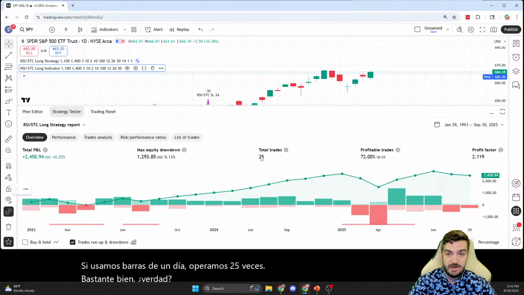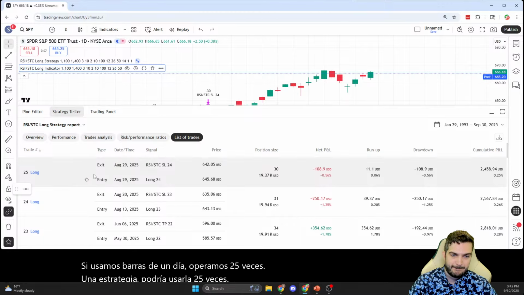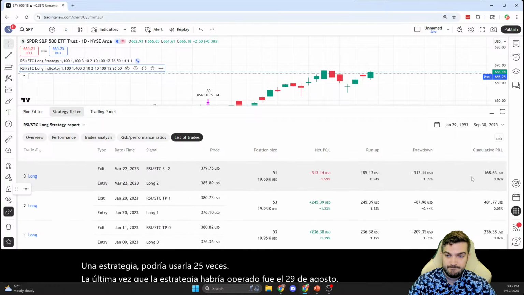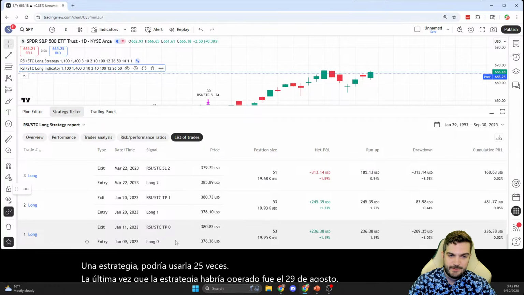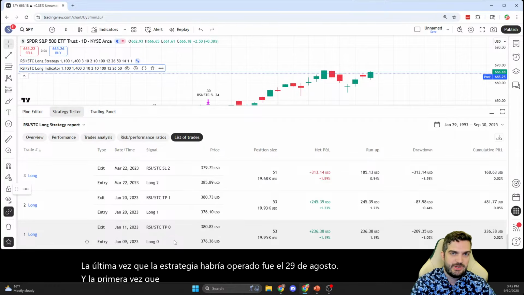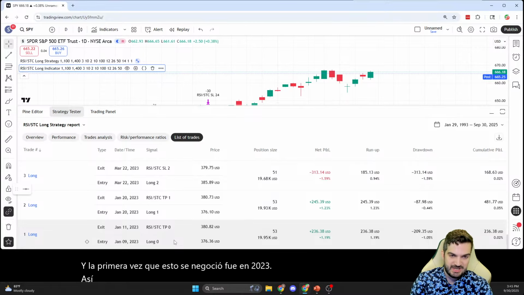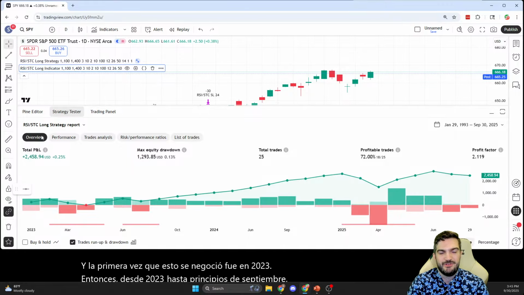One strategy, I could use it 25 times. The problem is, the most recent time the strategy would have traded was August 29th. And the first time this thing traded was 2023. So from 2023 to the beginning of September, this strategy traded 25 times.